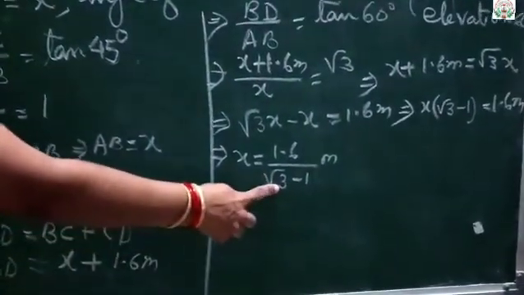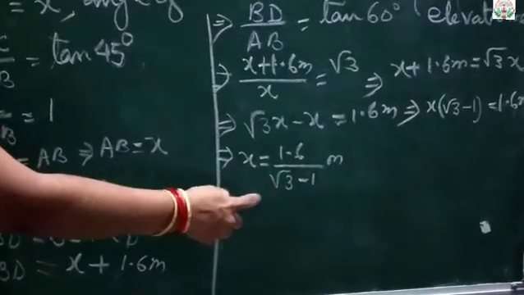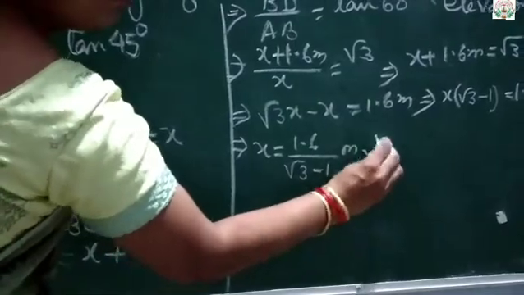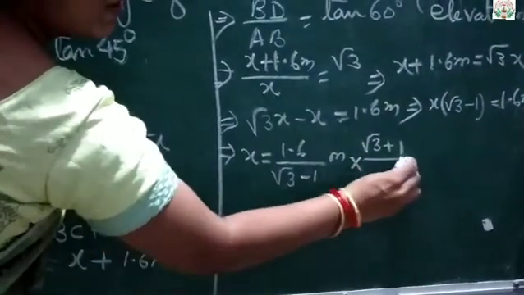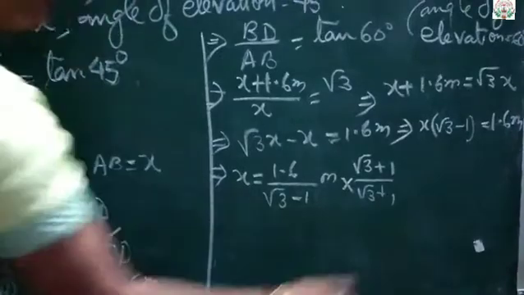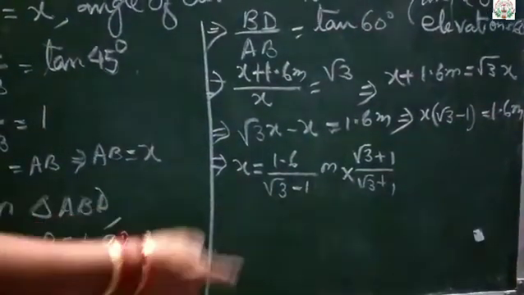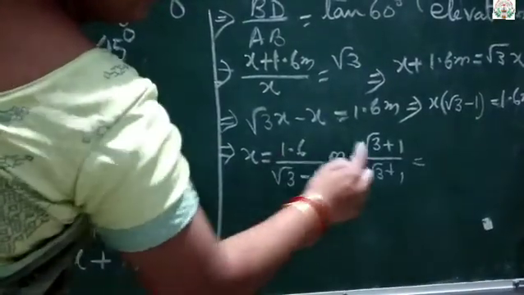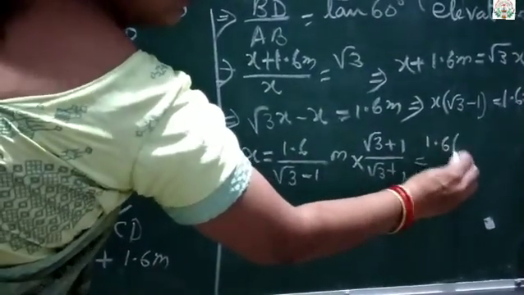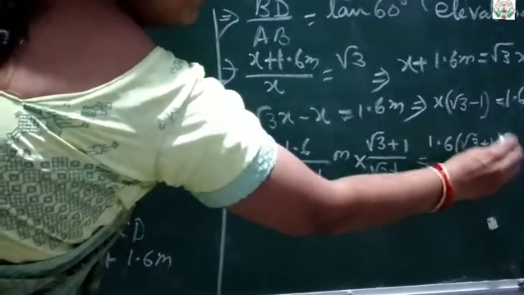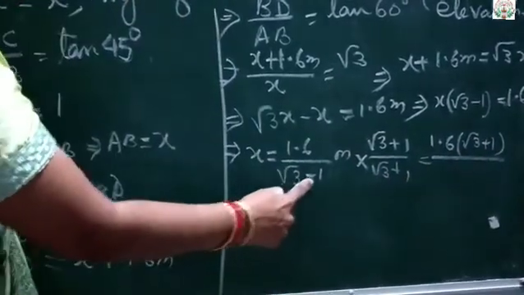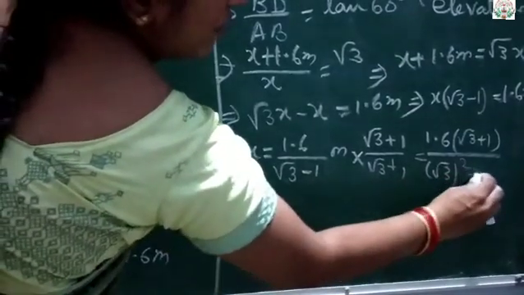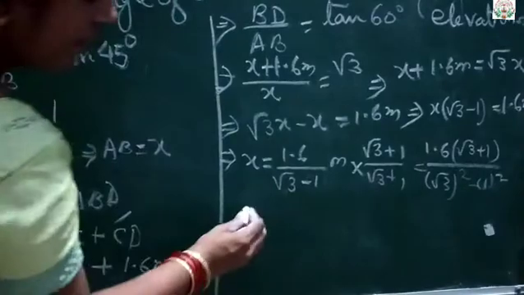Now you can see denominator is having root values. That means again you have to go for rationalization. So rationalize it, both numerator and denominator multiplied with root 3 plus 1. So equals to 1.6 into root 3 plus 1 upon root 3 minus 1 into root 3 plus 1, that will be root 3 square minus 1 square.